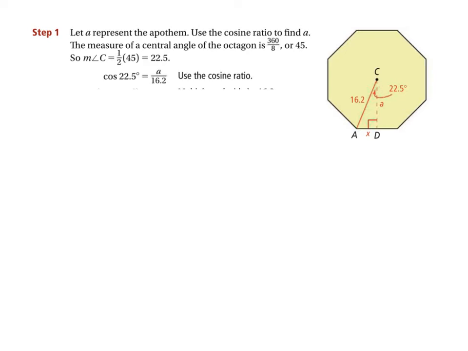So we can set it up to find the apothem. If we have this angle, we're looking for that side. We know the hypotenuse. This is the adjacent side for that 22.5 degree angle. Adjacent and hypotenuse is cosine. So the cosine of 22.5 equals the apothem over the hypotenuse of 16.2.